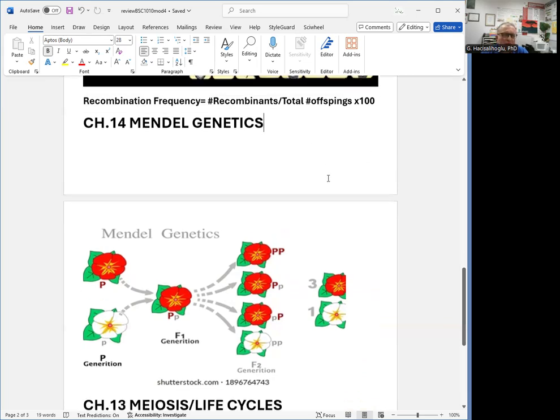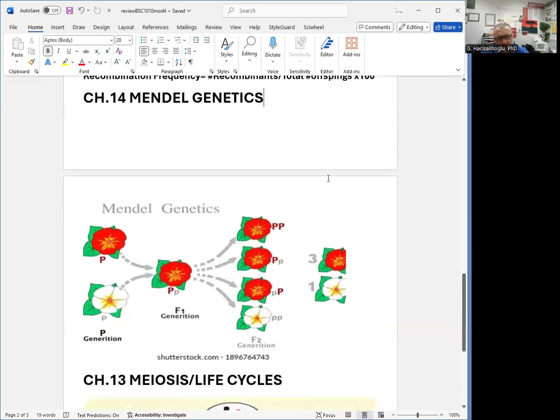Chapter 14 is Mendelian genetics, because it's basic genetics, starting with Mendel's two flower color parents, crossing them and looking at the F1, selfing the F1 and looking at the F2, and then finding the 3-to-1 ratio, 3 dominant to 1 recessive, which tells us this is one gene.